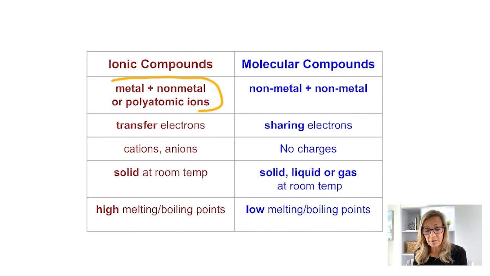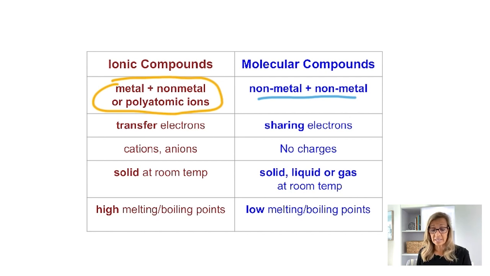If you have a metal and a non-metal, or polyatomic ions, that is going to be an ionic compound. However, if you have two non-metals bonded together, and remember where metals are on the periodic table, it's that upper right triangle, if you will, corner, those are non-metals. If they're bonded together, then you have a molecular compound.